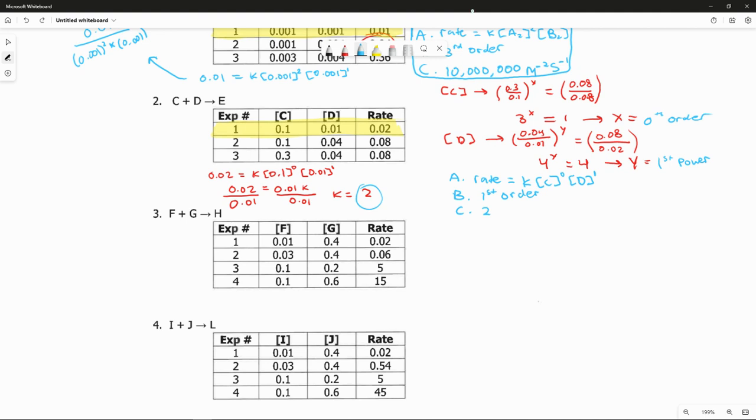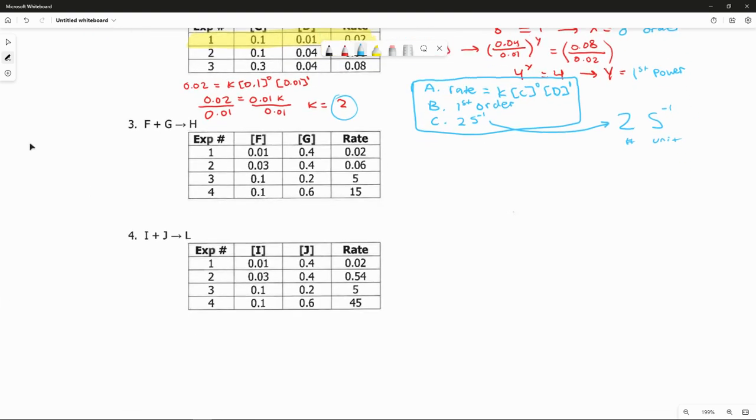So our unit for this is going to be 2 times s to the negative 1, and that is our final answer. So if you're confused by that, this is 2, then the unit is s to the negative 1. So number, unit. All right, let's try number 3.